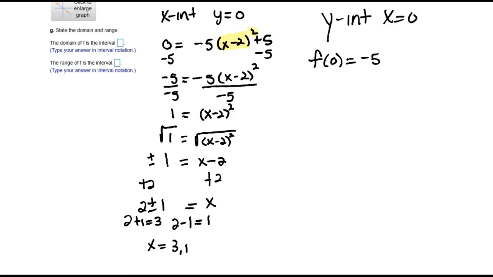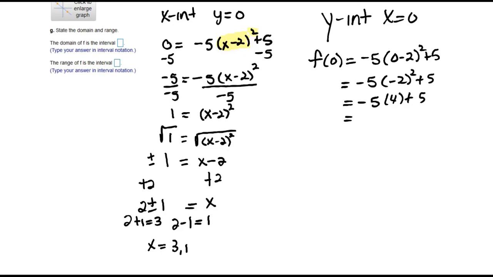That gives me -5 times (0 minus 2) squared plus 5. -5 times (-2) squared plus 5. -5 times 4, because (-2) squared is 4. -5 times 4 would be -20, and -20 plus 5 is -15. So we have a y-intercept of (0, -15).